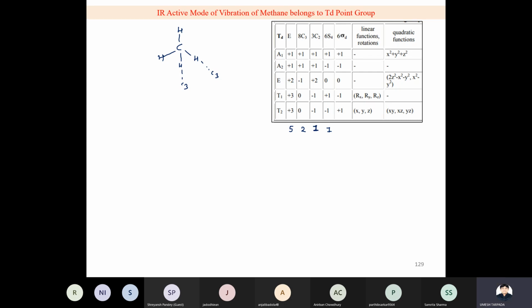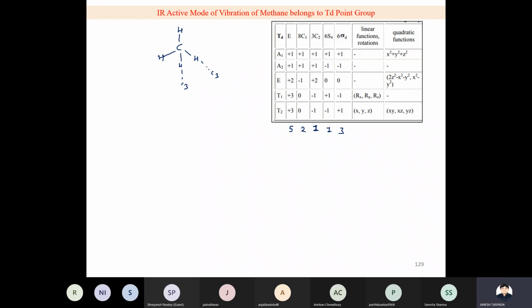It passes through the center atom. The sigma d plane, that is the diagonal plane, is also present. You just look at the molecule: the sigma d plane is present in 3 atoms, so 3 atoms remain unshifted, as the diagonal plane is there in the tetrahedral geometry.